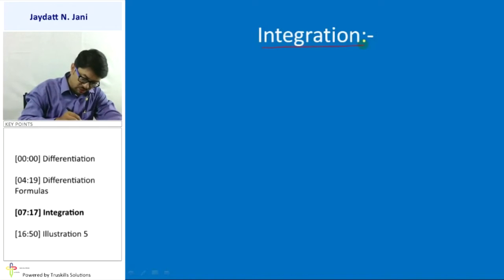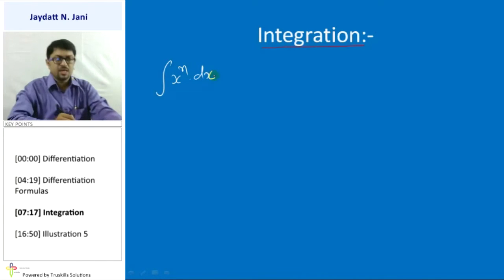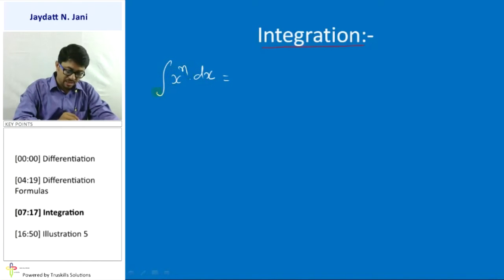इंटीग्रेशन में थोड़ा उल्टा है. So here it shows that for integration, this is the formula for integration. Integration x raised to n, ये जो सिंबल है, dx, that is considered as an integration function. So x raised to n का हम इंटीग्रेशन कर रहे हैं with respect to x only.